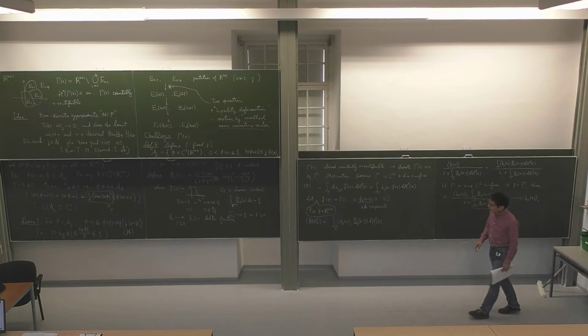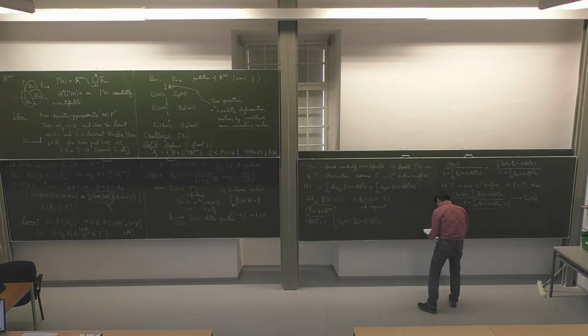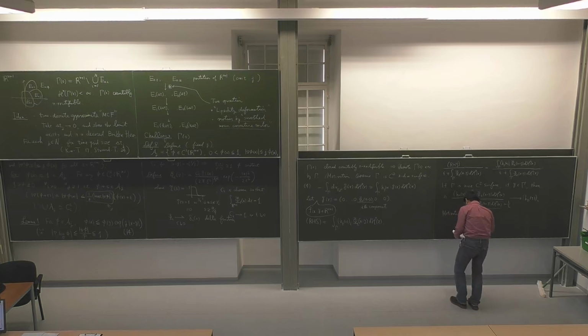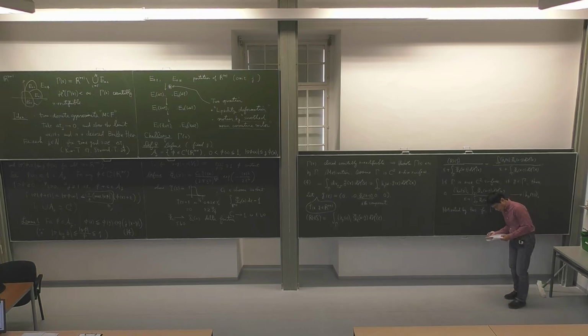Now, you can actually use this as a motivation to define the approximate mean curvature using the left-hand side. So motivated by this, for gamma which is rectifiable, and by the way, this can be done for any dimension. It doesn't matter if it's n-dimensional.